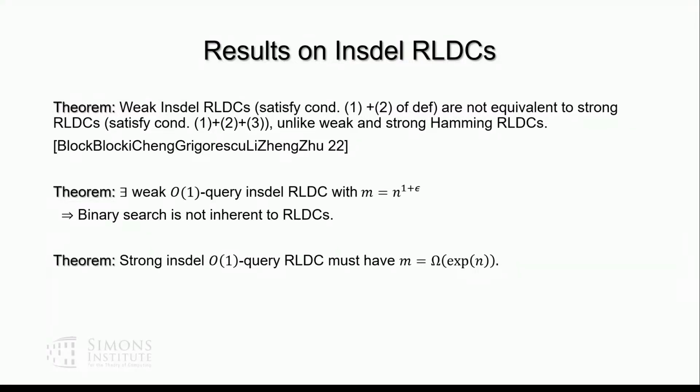So we prove a separation here. In particular, the strong lower bounds do hold for strong insertion deletion codes, those that satisfy all three properties, which must have exponential length, even though we are talking about relaxed versions and constantly many queries. But the weak variants actually behave like the Hamming variants.